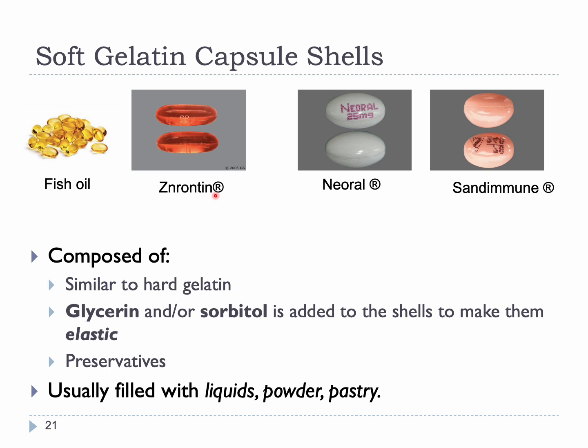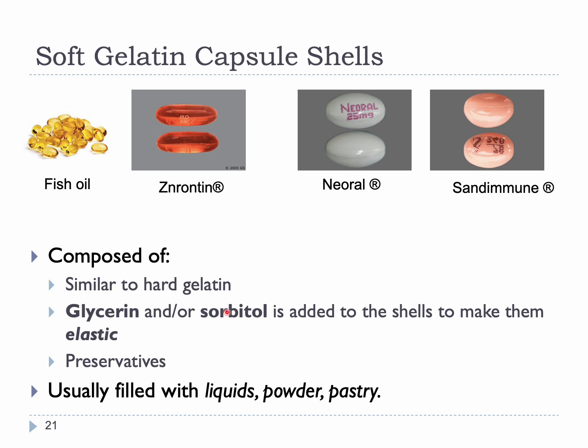This is a typical image of soft gelatin capsules, like fish oil or some other drugs with vitamin or nutrient supplements. The composition of the soft gelatin capsule shell is similar to the hard gelatin capsule shell. That means it consists of gelatin extracted from pork skin.